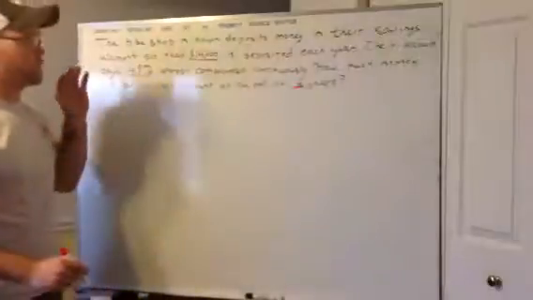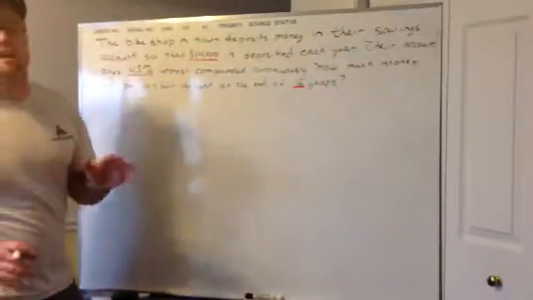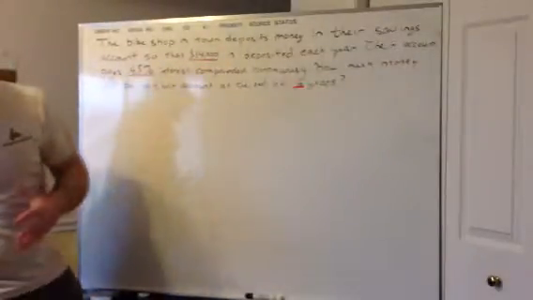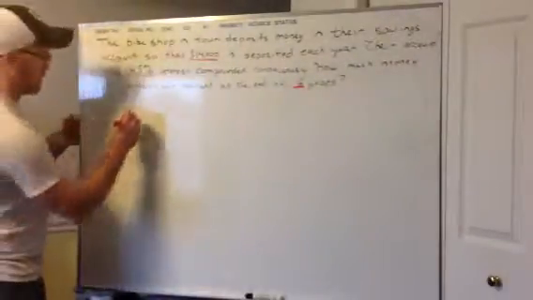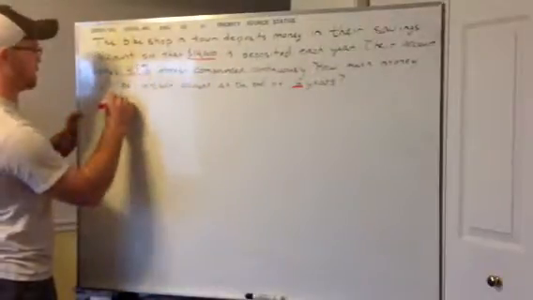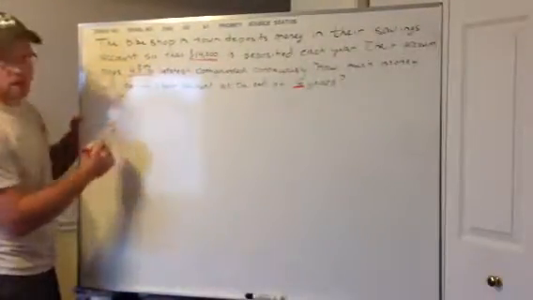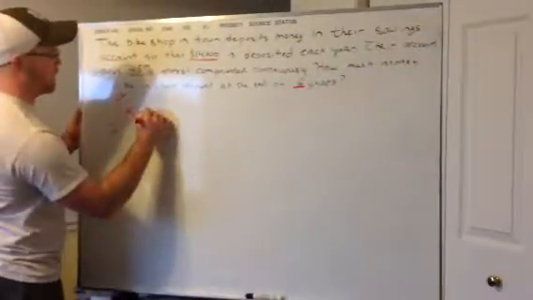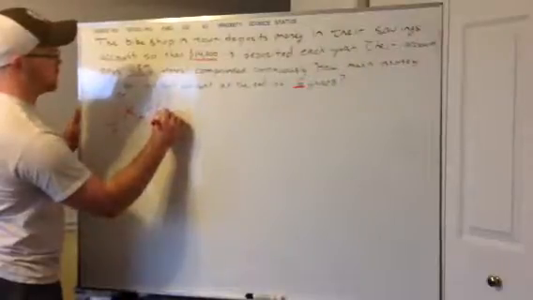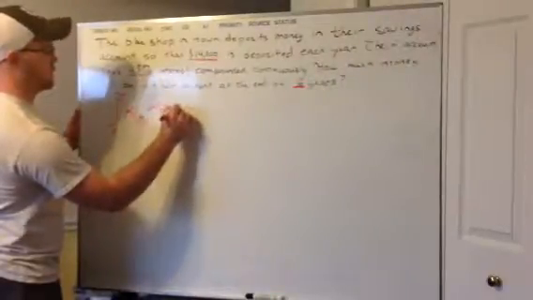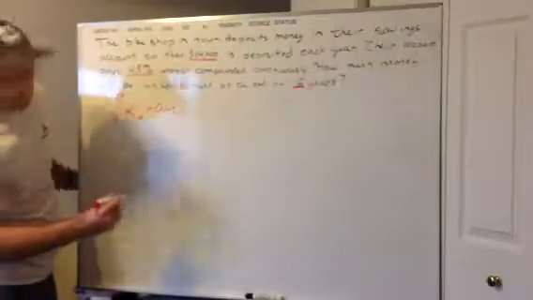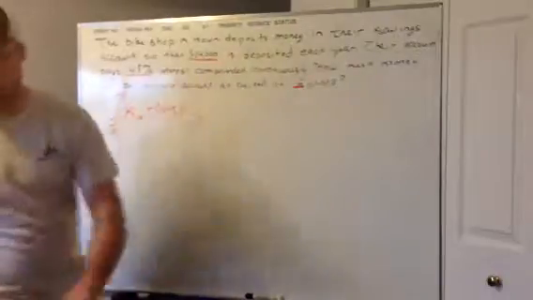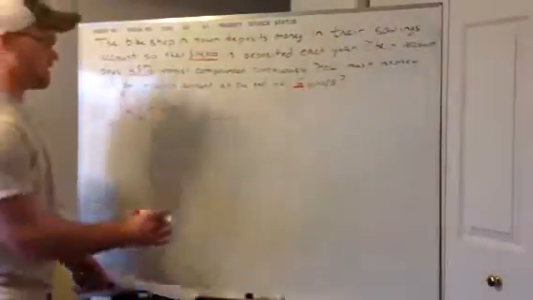For this kind of investment, we can use the future value of continuous income, which is the antiderivative from 0 to the total number of years of the amount per year, K, times e to the rate times the total number of years minus t, dt. That's the equation we're going to use.